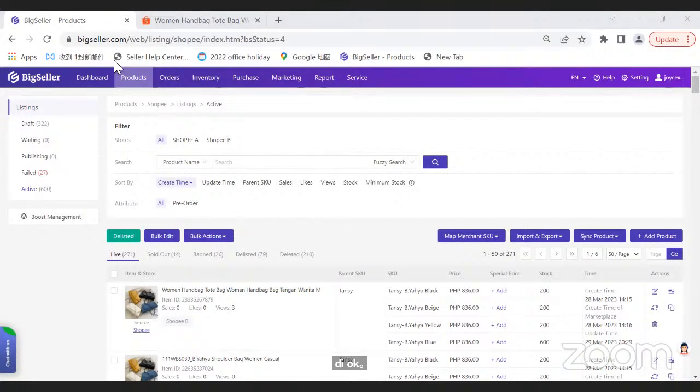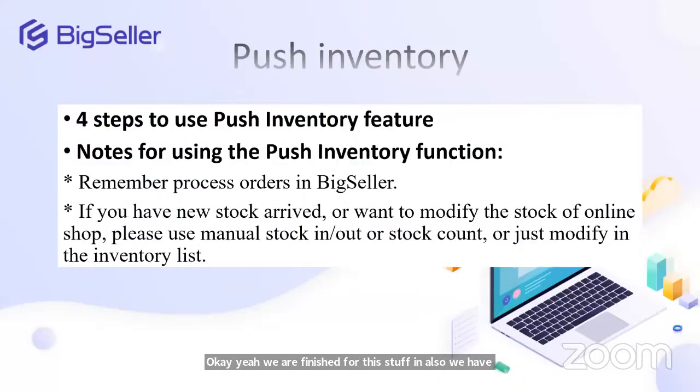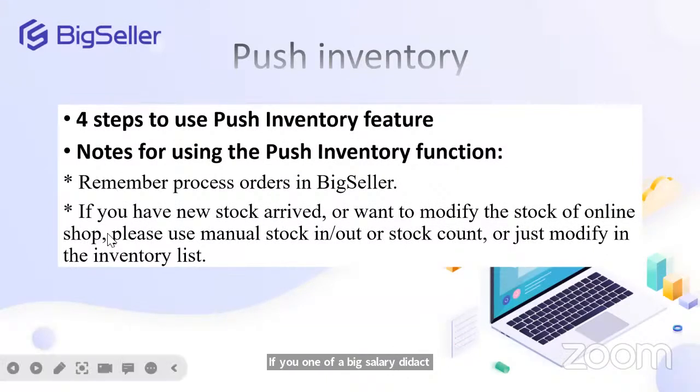And also we have 2 notes for you. If you want our Bigseller to deduct the inventory correctly when you ship an order, remember there are 2 conditions. The first one is to remember to process the order in Bigseller.